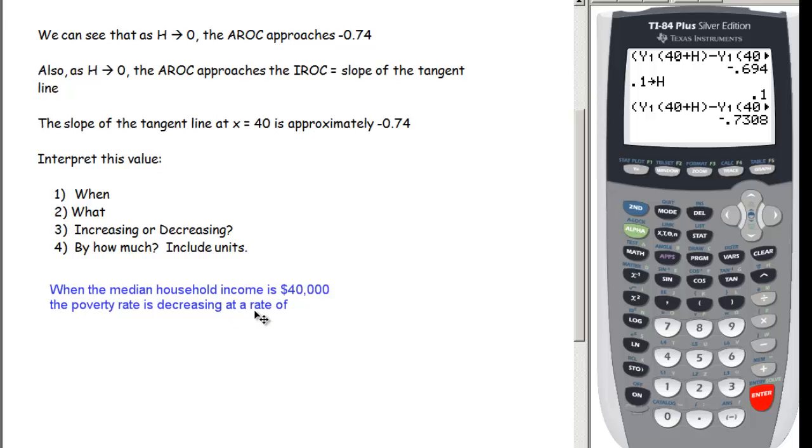So we could just say at a rate of, or at an instantaneous rate of, either one, 0.74 percentage points, and you could say per thousand, or as we've been doing in previous videos, for each additional $1,000 in income.